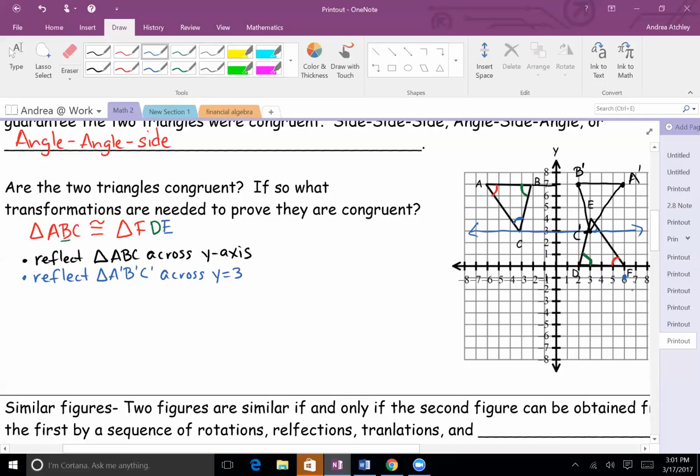And this would be A double prime now. Then this would be 1, 2, 3, 4, C double prime. And then C prime is on the line, so it would stay there. It doesn't reflect at all, it just stays. So C prime is the same thing as C double prime.